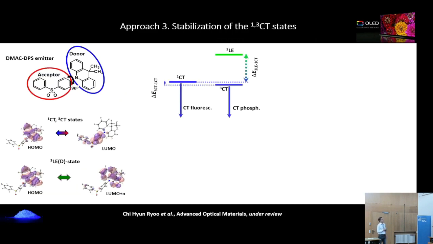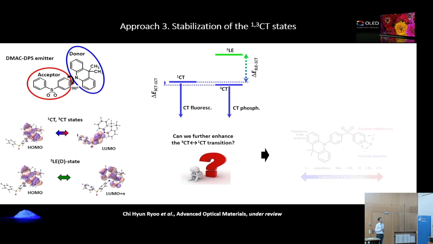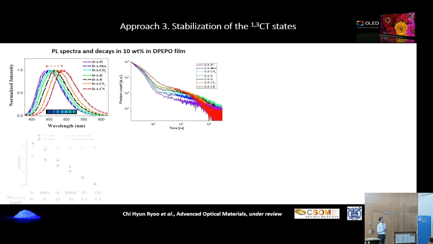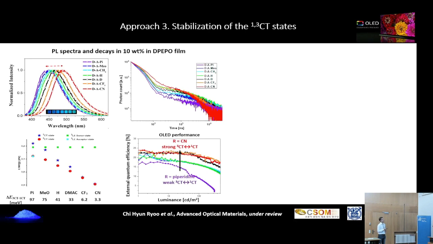Just to skip ahead a bit, I was looking for ways to accelerate the CT-CT transition, because I understand that this is very important for TADF. At that time we were collaborating with a Korean group, and we studied these DPS materials, and our best material was also one of the sky blue emitters.